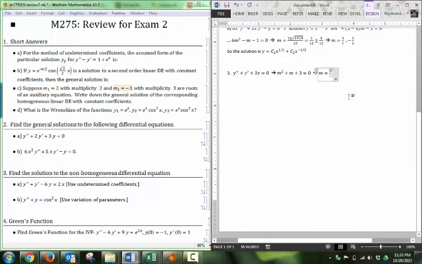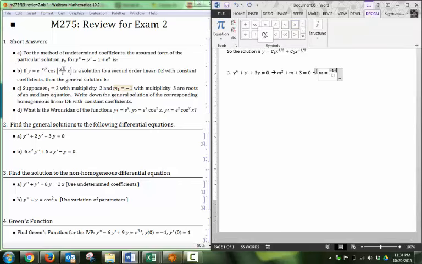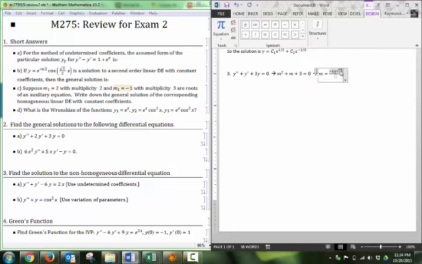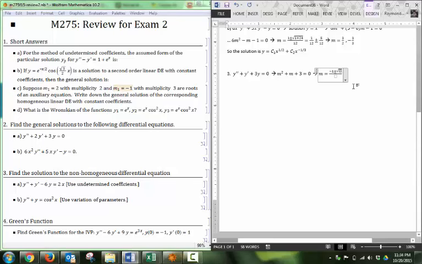So negative b, so that's negative 1 plus or minus the square root of b squared, so inside here is 1 squared minus 4ac, so that's 4 times 1 times 3, so that's 12.